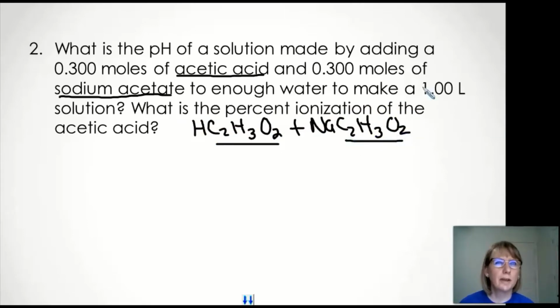We can't double displace or anything like that because they're sharing the acetate ion. So what we have here is a weak acid and its conjugate base. We talked about acids and conjugate bases before. So these are not going to chemically react, and you should not be writing a reaction with those.